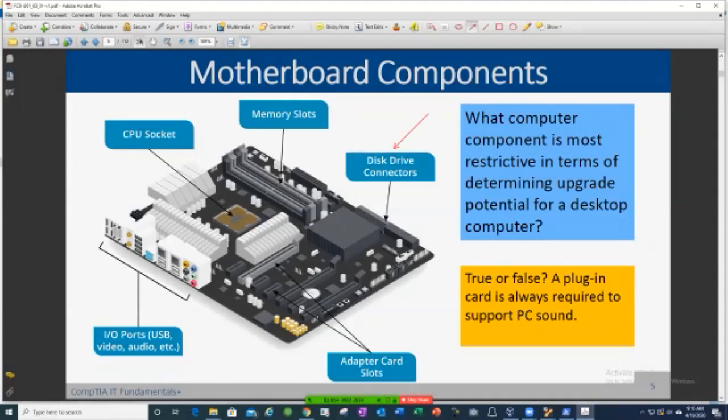Then you have the adapter slots for adapter cards, such as video cards and sound cards and network cards. Now, for the most part, a lot of people do not use this anymore because, especially in home PCs, everything is integrated.